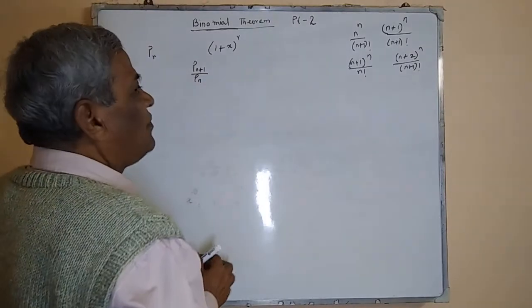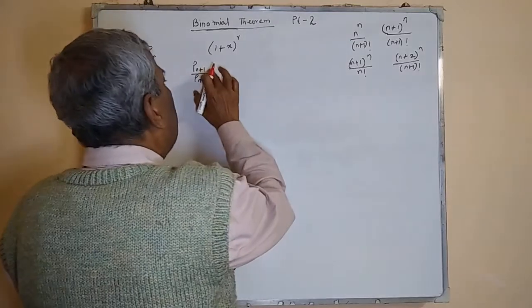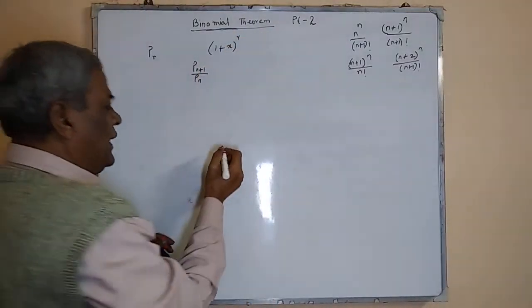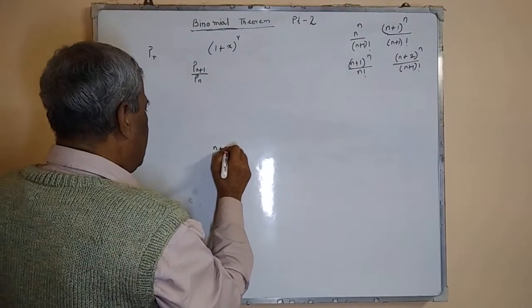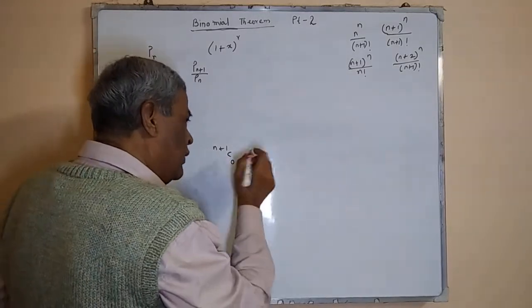Here P(n+1) means when the index is n plus 1. So the first coefficient is (n+1)C0, then (n+1)C1. We denote it.